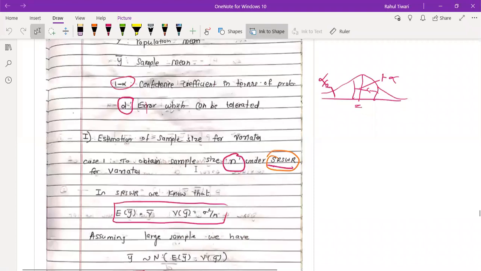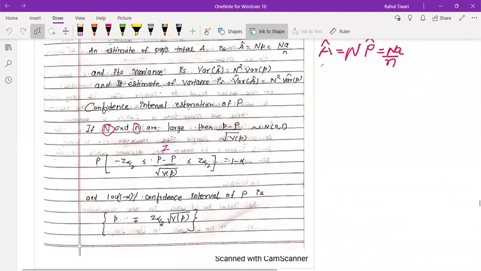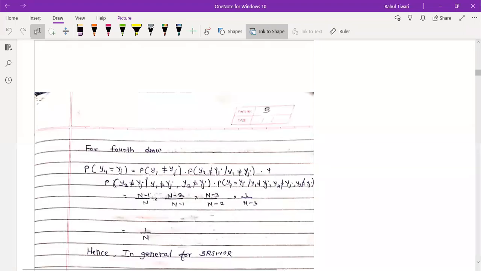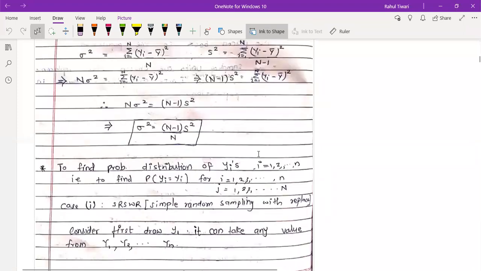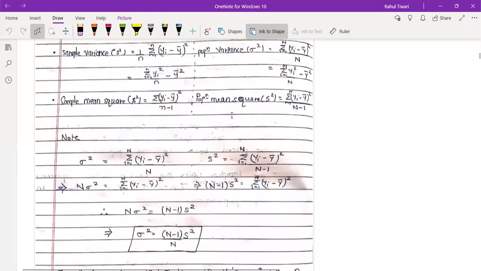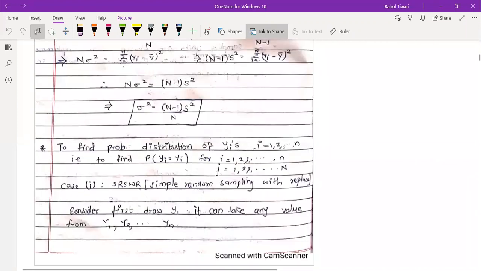Make sure you know all the formulas and everything, starting from the very top: the derivations, basic definitions, samples, populations, then their relations.